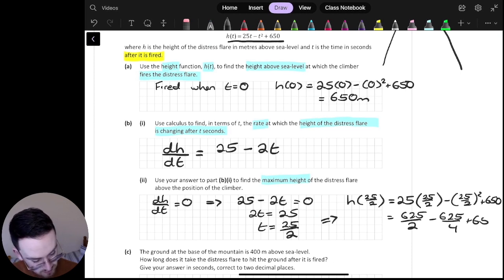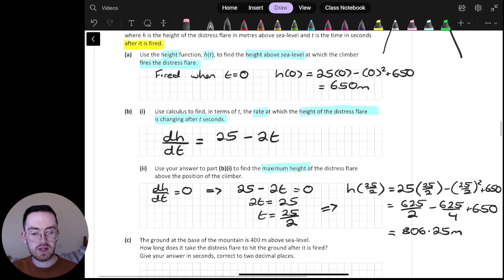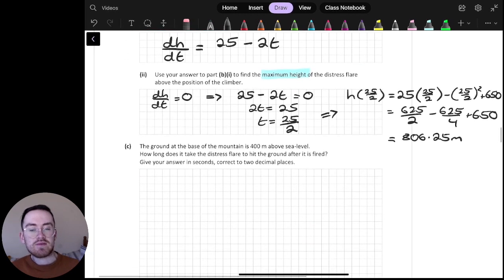And then we're adding on 650. Okay, so we can work that one out fairly easily. Again, you're doing all this using your calculator. You don't need to actually work this out mentally in your head. And we get a value of 806.25 meters.